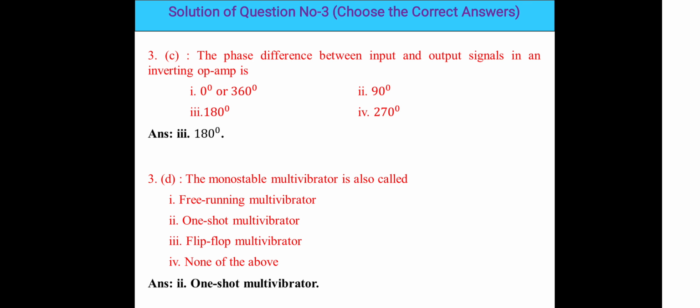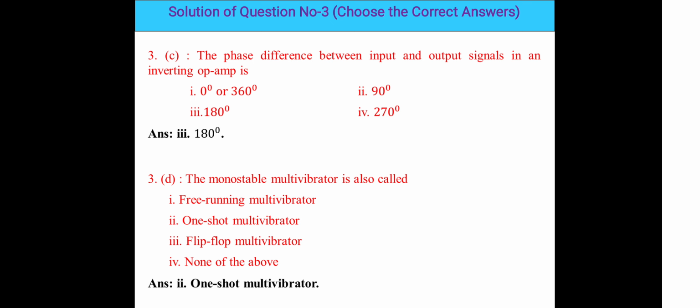Next question is, the phase difference between input and output signals in an inverting op-amp is 180 degrees, because one signal is out of phase with the other signal. That means a minus will be there. When we calculate the output voltage of the inverting op-amp, you will get one minus sign.